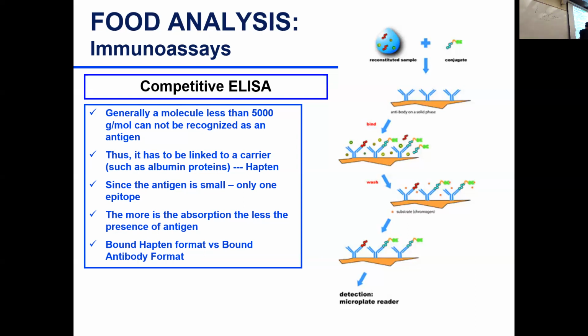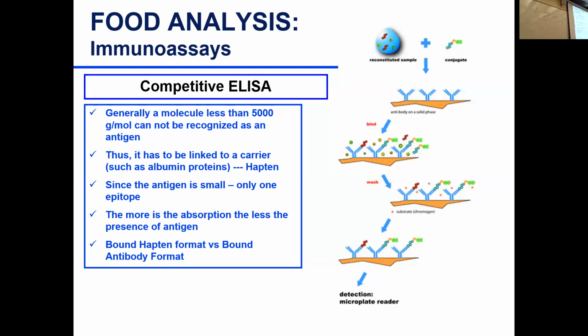So what happens here in the competitive ELISA, I have a hydrophobic surface. I have antibodies specific to my antigen, and I have the hapten that is labeled with an enzyme.